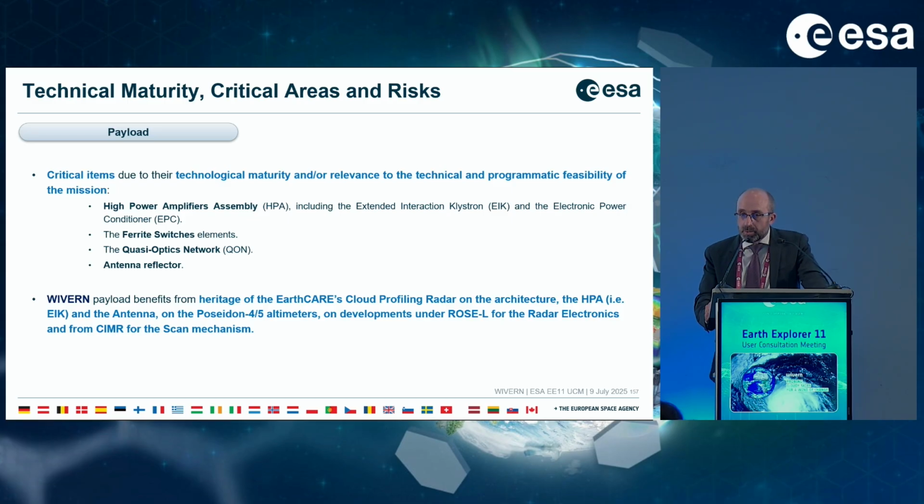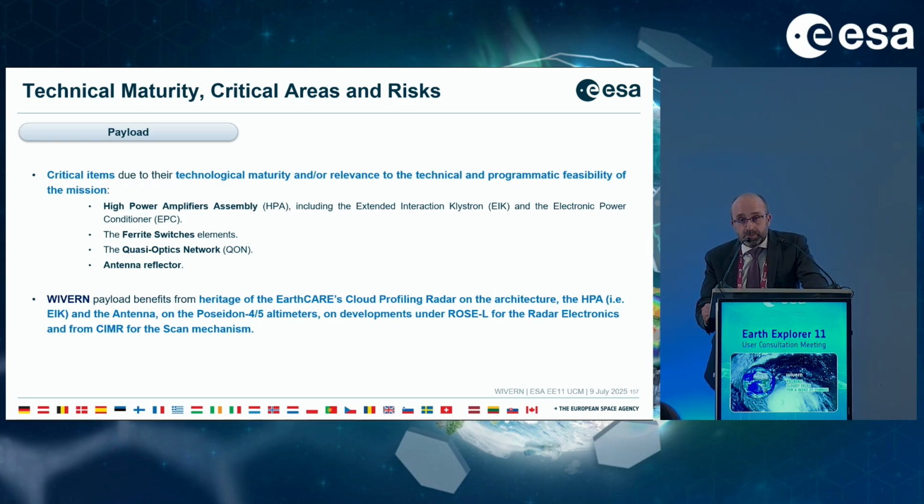Similar to this morning, the following slides show a summary of the technical maturity, critical areas, and risk, starting with the payload: the high-power amplifier assembly, HPA, including the AIK, the extended interaction klystron, and the electronic power conditioning. The Faraday switches, the quasi-optic network, and to a lesser extent the antenna reflector are considered critical items for the mission.